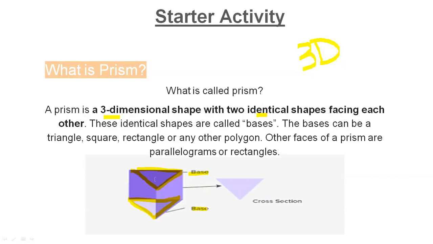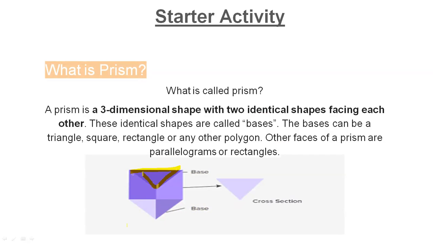We know about it. Step number two is that the other faces of a prism are parallelograms or rectangles, while the leftover faces must be rectangles, or you can say parallelograms. It means we are allowing different shapes in bases.